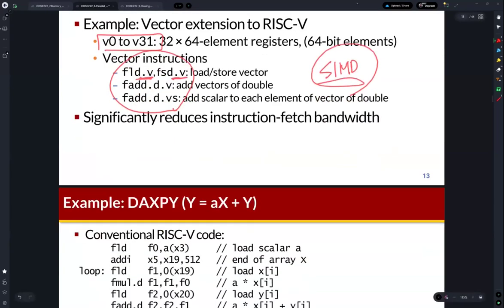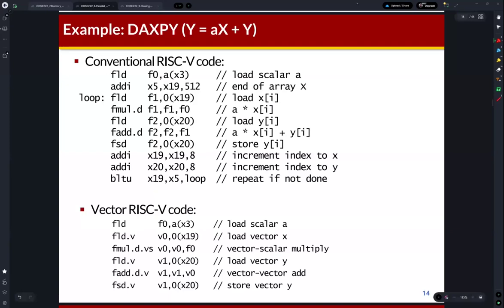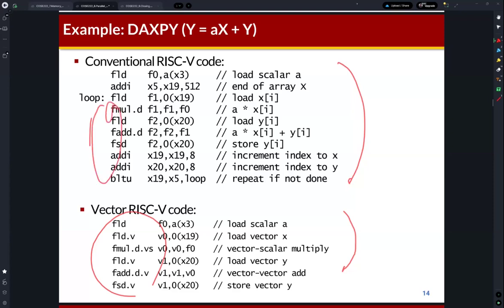This is the example. It's conventional RISC-V code, but using the vector extension, we can just use instructions like this instead of this loop. What is the benefit? If we execute the conventional RISC-V code, then in order to compute multiple elements, we need to execute multiple instructions.